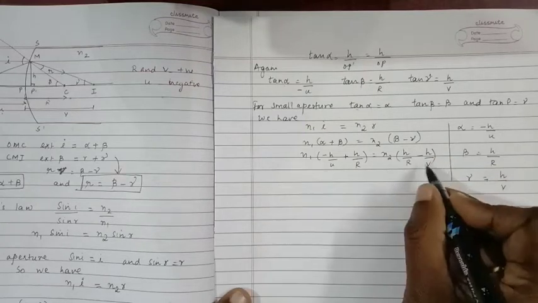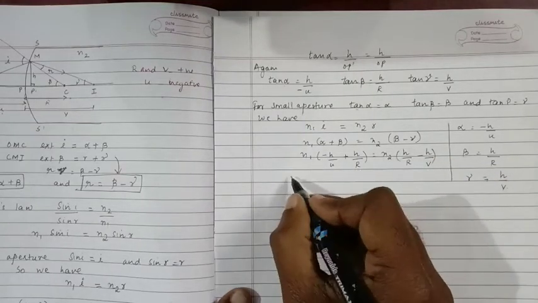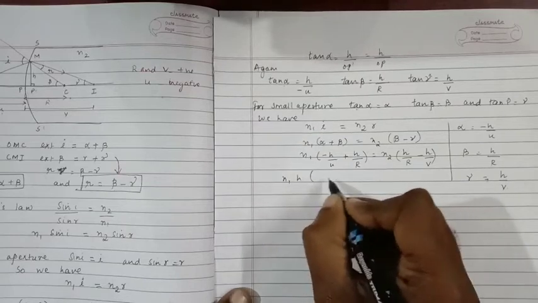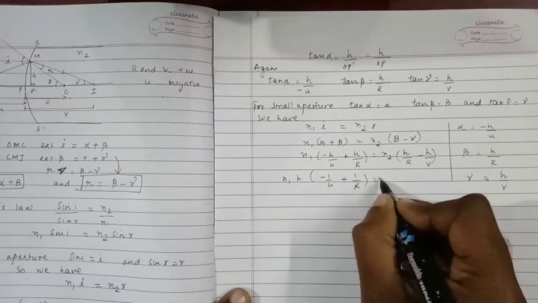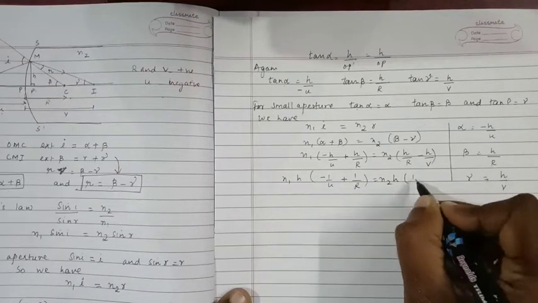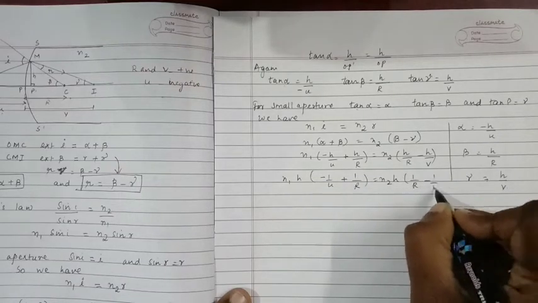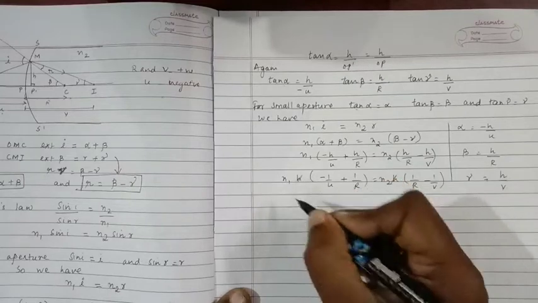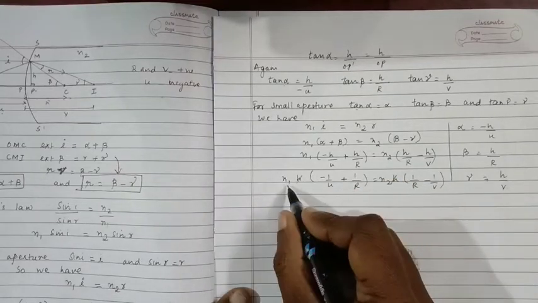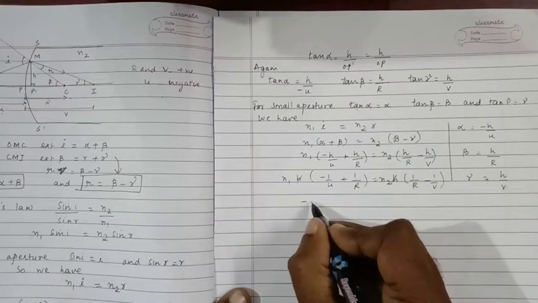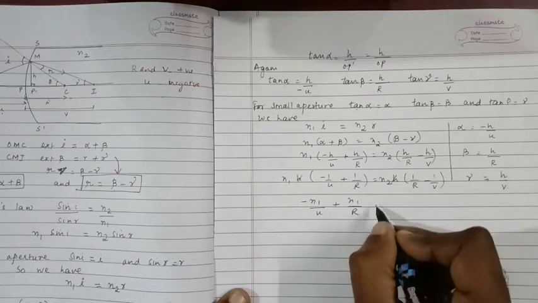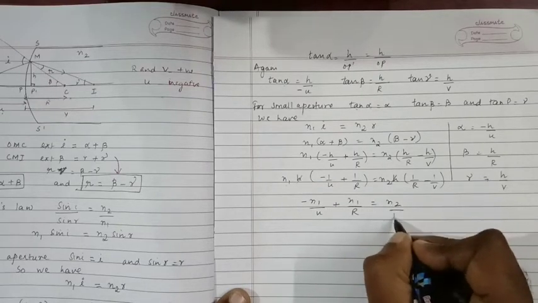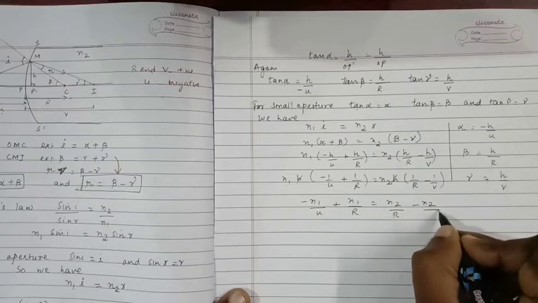So in this equation, you can take h outside. So N1 h (minus 1 by u plus 1 by r) will be equal to N2 h (1 by r minus 1 by v). So you can cancel h. You can take N1 inside. Minus N1 by u plus N1 by r will be equal to N2 by r minus N2 by v.